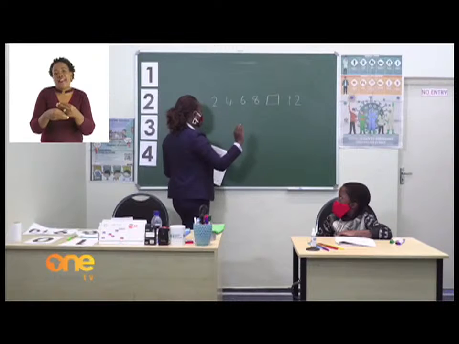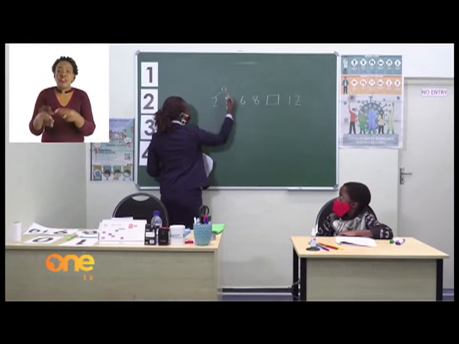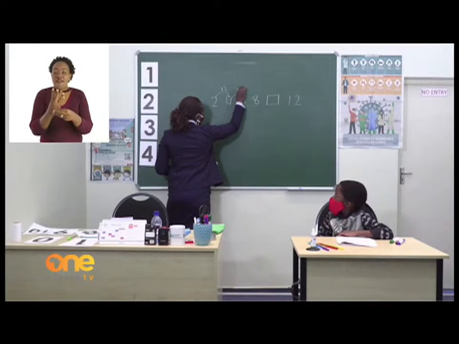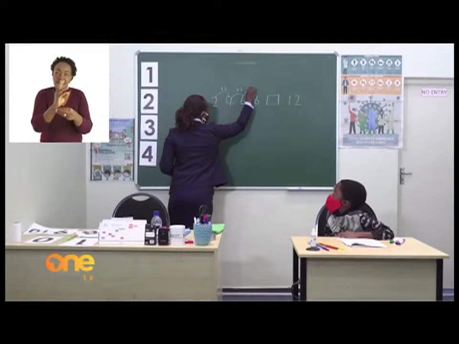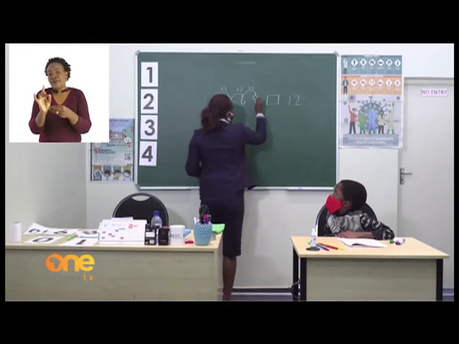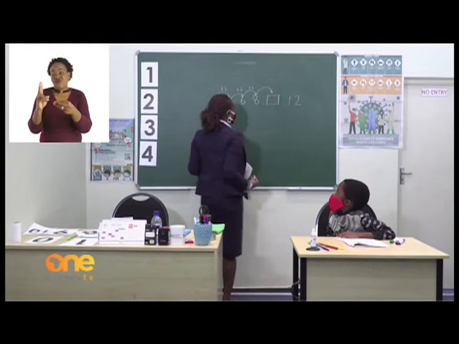It's a pattern of 2s. So from 2 to 4 is plus 2. 4 to 6 is plus 2. 6 to 8 is plus 2. Then 8 to which number here?